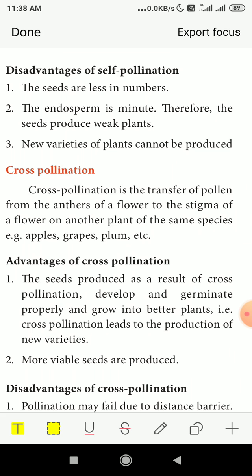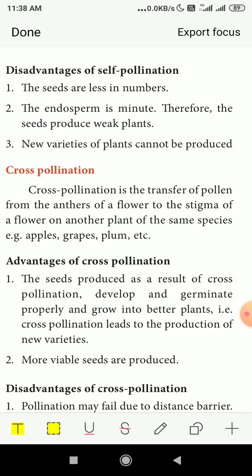Endosperm is the inner part from where the seeds get food to develop. Since the endosperm is minute, the seeds produce weak plants. Only weak plants will be produced. New varieties of plants cannot be produced.